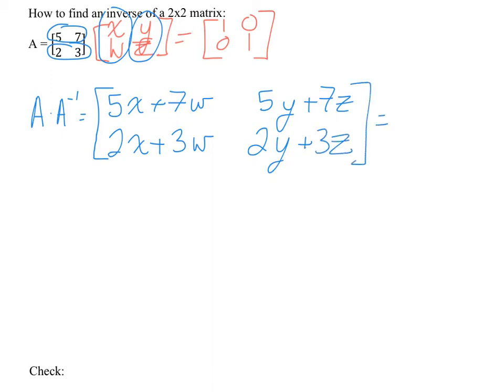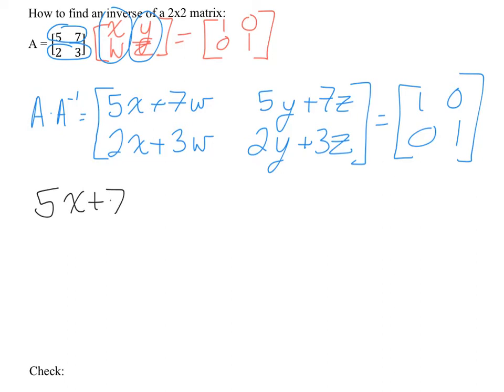And we know that this should be equal to 1, 0, 0, 1. Now what's cool is we can actually set up equations because I know that this first element should match this guy. So I'm going to have 5x plus 7w, and I know it's going to equal 1.